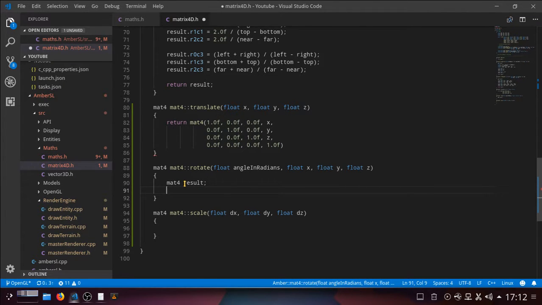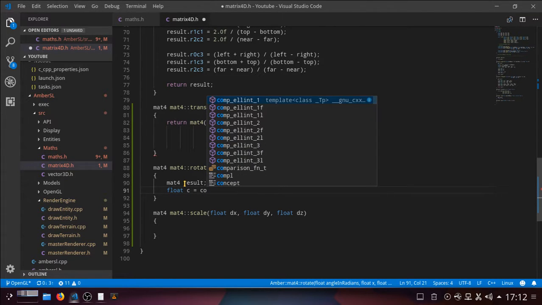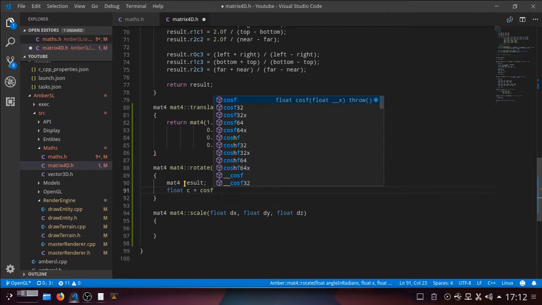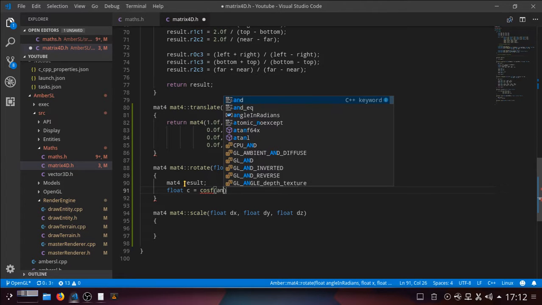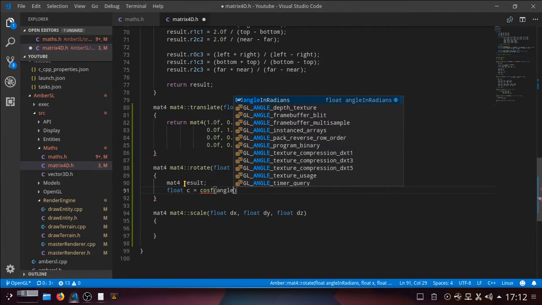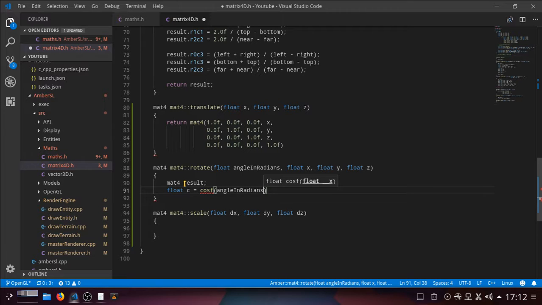I'm going to need the cosine, so we'll call that C. Cosine, float please, the float version of it, and its angle in radians. There we go.